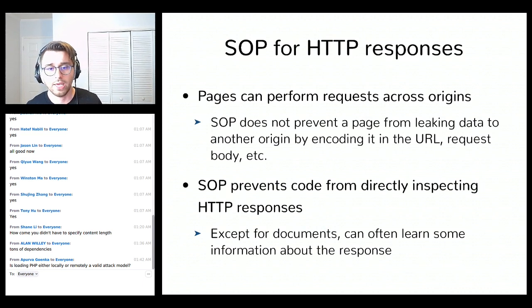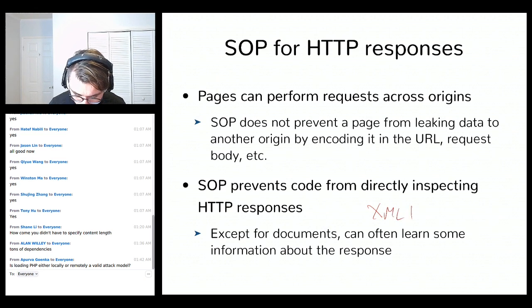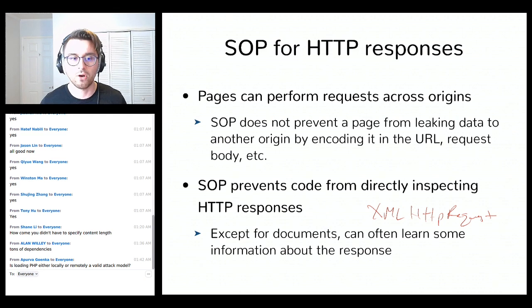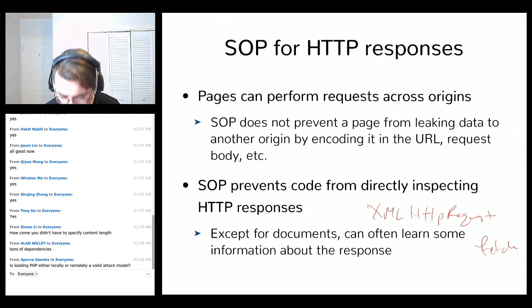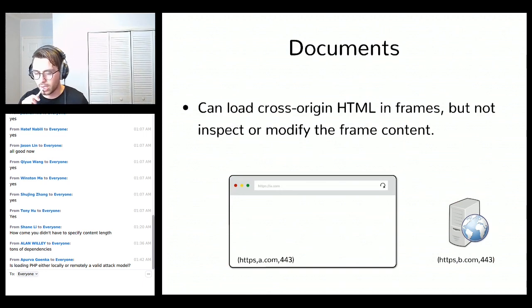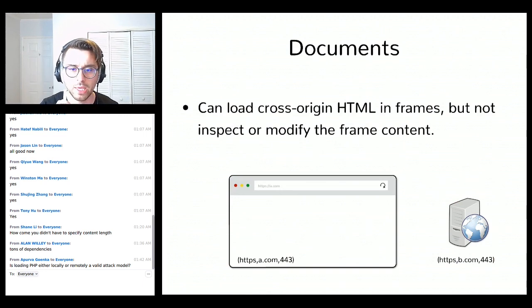If you perform an HTTP request in JavaScript with the XMLHttpRequest API or with the fetch API, and you get back a document, an HTML document, you can't inspect that thing at all, right? But for other things, you might be able to inspect once you start rendering them. So let's take a look at different kinds of content types that you may get from a remote server. Okay, so the simplest one or the most common one is HTML.